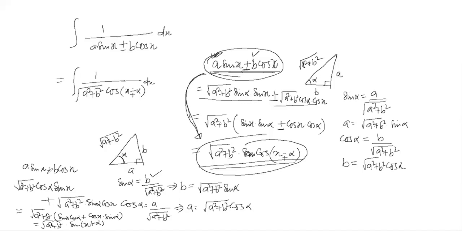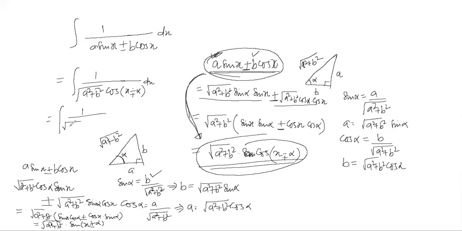If suppose we take a sin x minus b cos x, here would be minus sin, here would be minus sin, and here would be minus sin. It means another way we can reduce a sin x plus or minus b cos x in terms of sine as well.